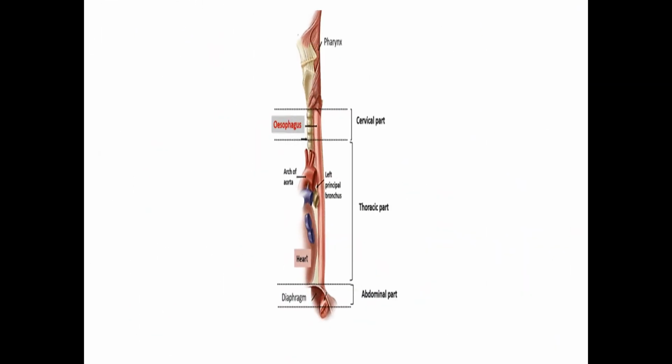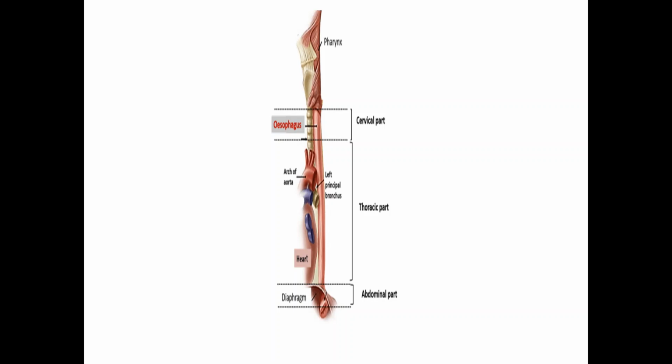Now, let's talk about the esophagus, the first part of the tubular digestive tract. The esophagus is a soft tube extended from the pharynx to the stomach. It is located posterior to the trachea and in the mediastinum of the thoracic cavity.